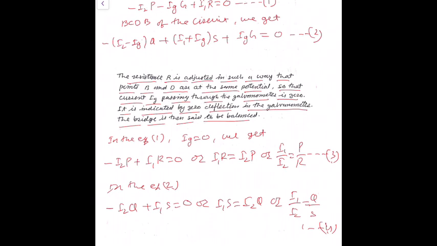From equations 3rd and 4, we get P upon R is equal to Q upon S, or P upon Q is equal to R upon S. It is the Wheatstone balance condition. That's all for today.